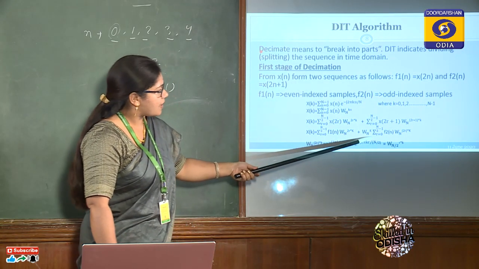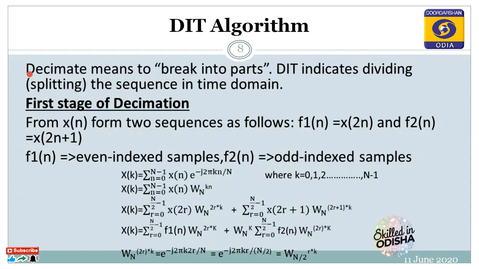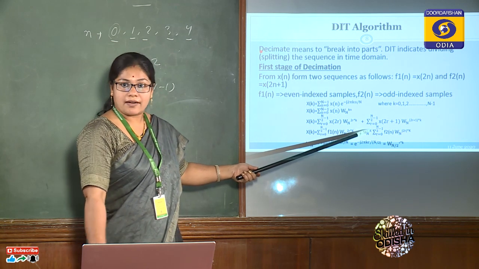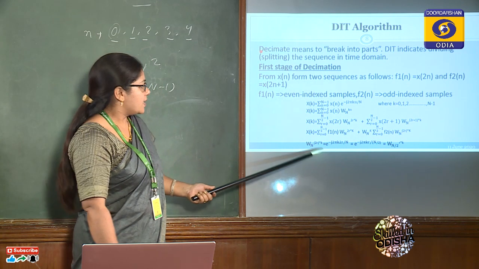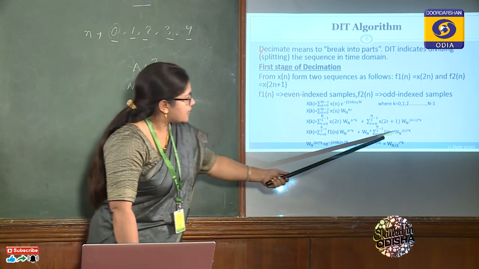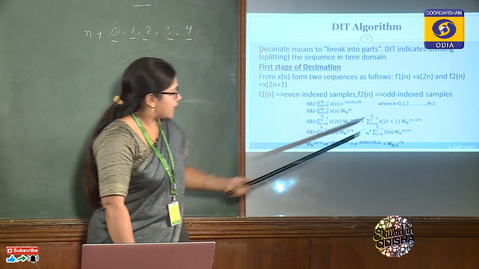Now look at the third line. Here we have taken W_N to the power k outside of the summation, because the summation variable is r, whereas k is not dependent on it, so it can be treated as a constant and taken outside. Instead of this I have written W_N to the power 2rk.